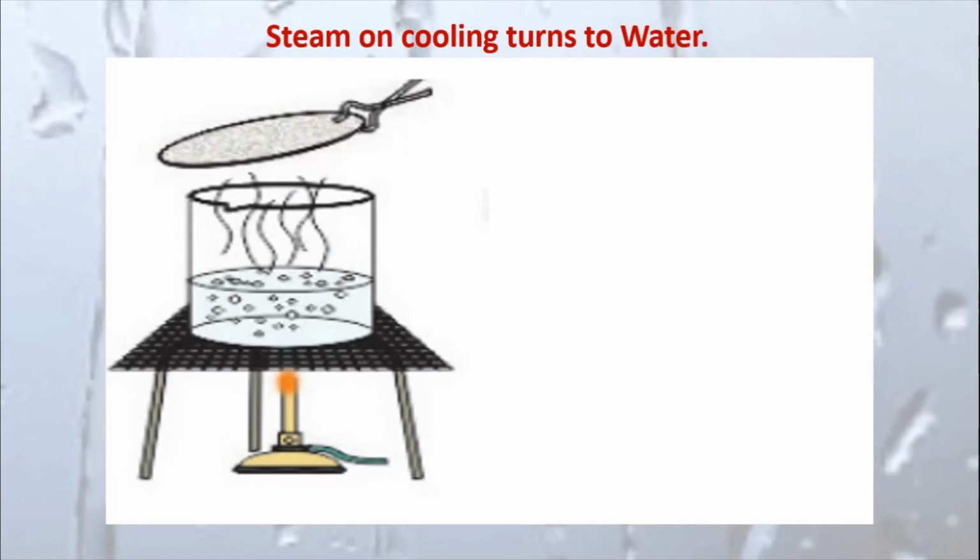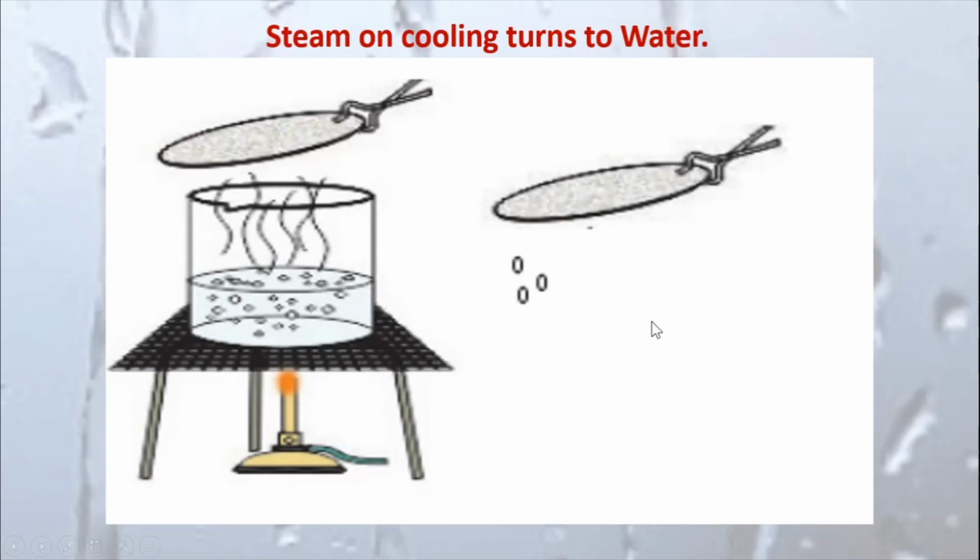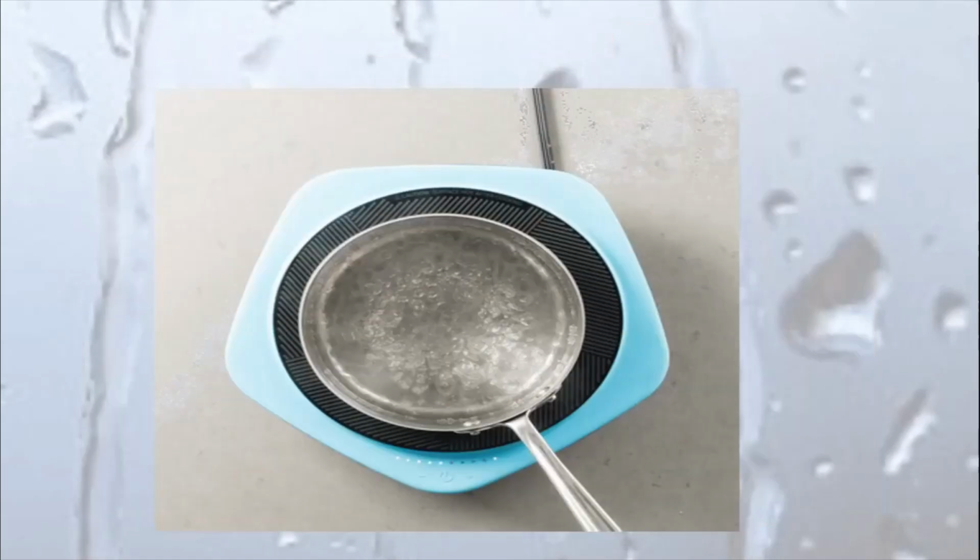If you hold a steel plate on top of that beaker like this, what happens? The steam rises from here and it touches the cold plate and immediately it forms drops of water on the plate. So when you cool steam, steam turns to water, so it goes ulta. Okay, so when you cool steam, it turns to water.